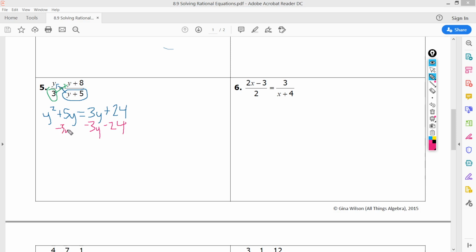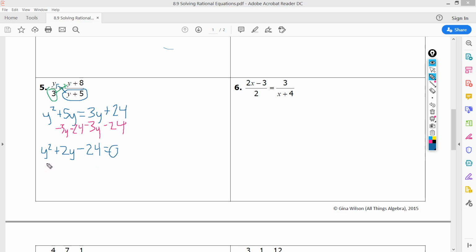And now my equation is y squared plus 2y minus 24, and that's equal to 0.